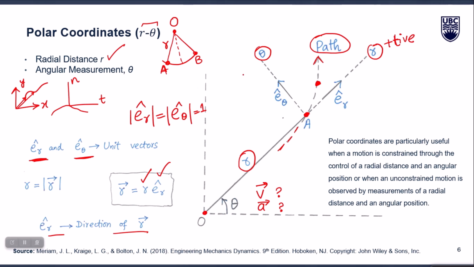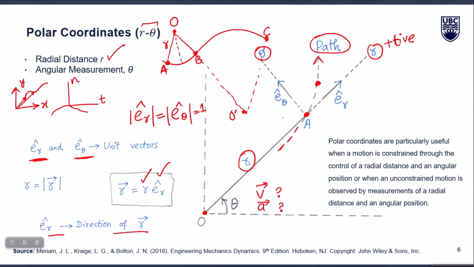Similarly, if I continue and maybe the path continues like this, and from B to some point C there is another curved part of the path with a different radial distance, maybe now the center of that circle is here, but again this radius from some new O prime to B or from O prime to C remains constant.